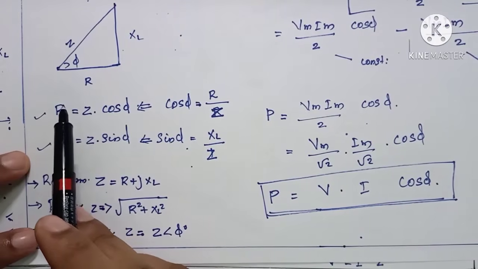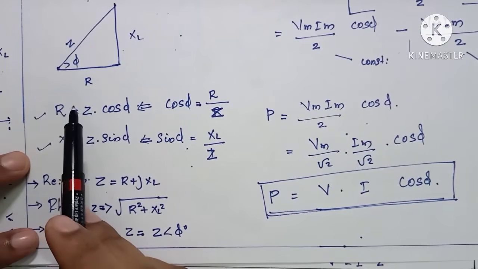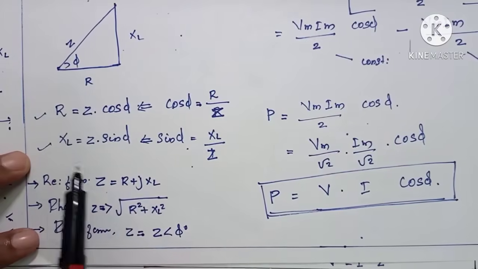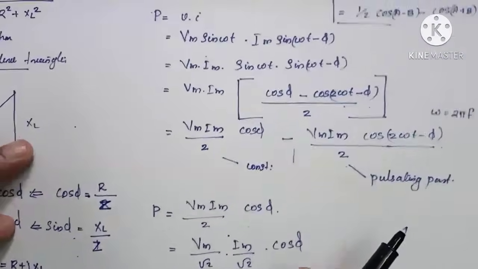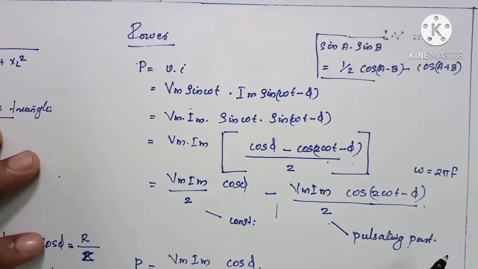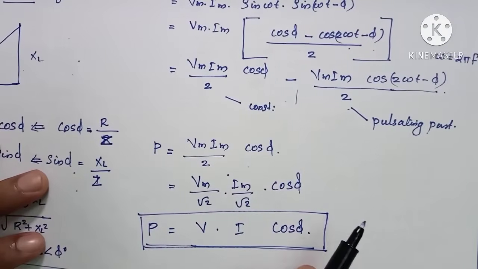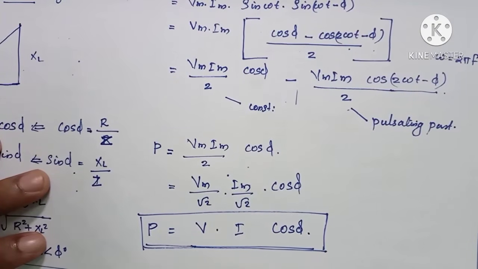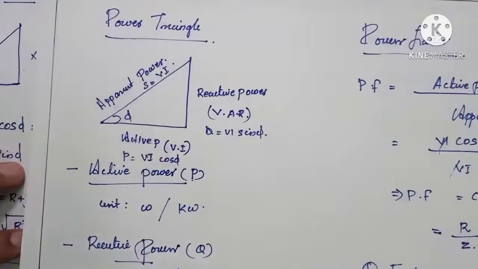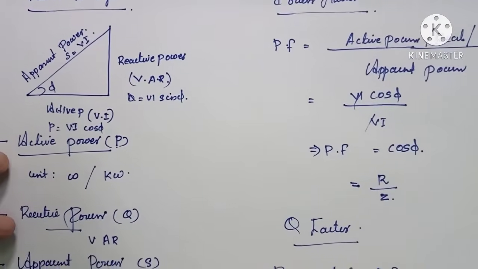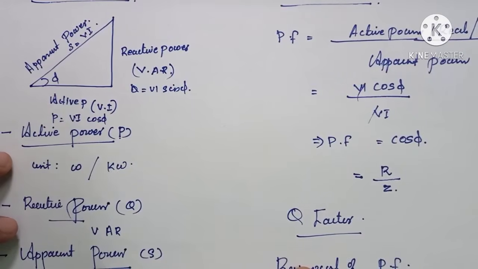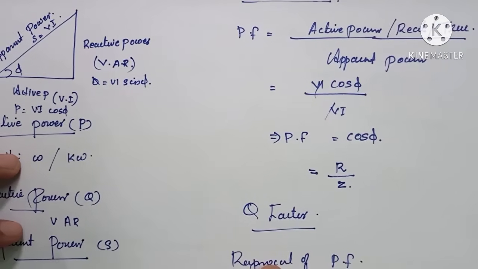It is nothing but the net effect of resistance or the reactance offered by the RL series circuit to the flow of electrical current, alternating current through this. And we derived an equation for power in this RL series circuit, and it will be P is equal to V into I cos phi, and V, I are the RMS values of voltage and current. And next, based on this, we studied the power triangle, and what is meant by it is active or true power or real power.